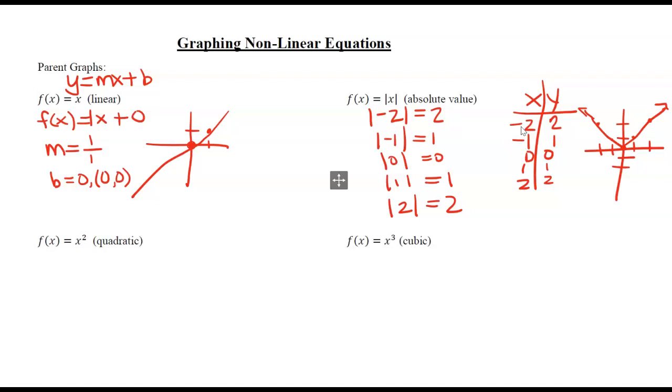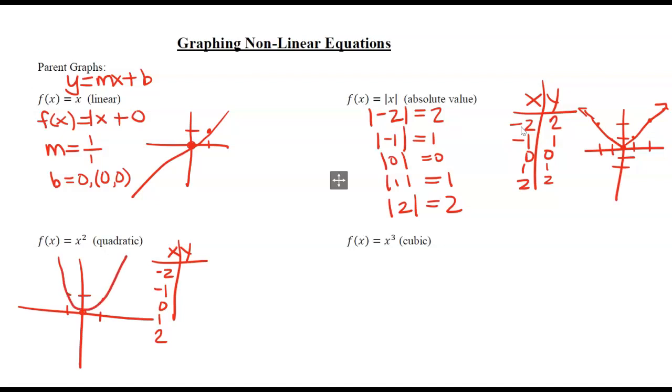Okay, x squared, I'm going to leave that one for you to plug in. I would recommend plugging in those same points, -2, -1, 0, 1, 2. And you should get actually really similar to the last one. These points will be the same, but this one, instead of being a sharp vertex, is just curved, okay?